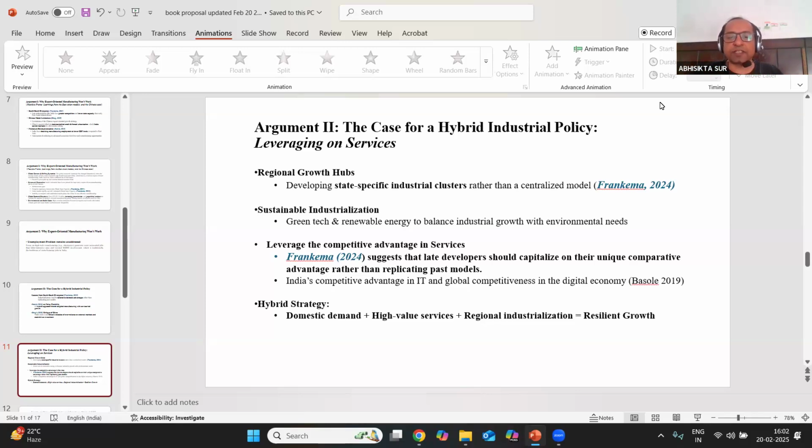So what our hybrid strategy says is domestic demand plus high-value services plus regional industrialization, which can lead to a resilient growth process in India, and this should be the structure of the industrial policy in the coming way and could be the way forward.